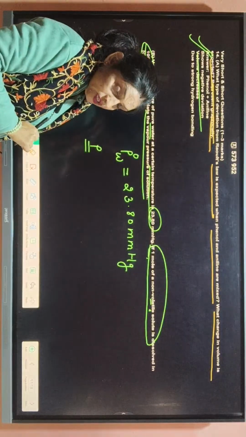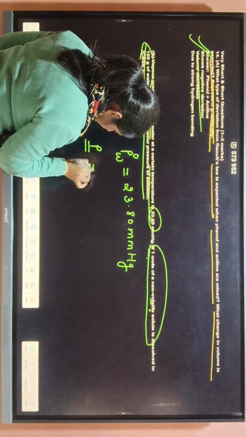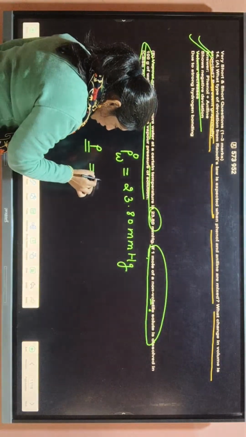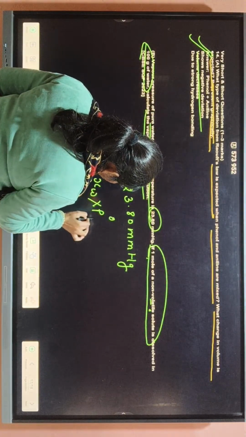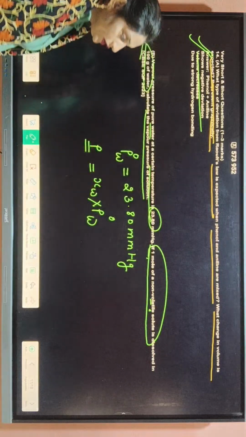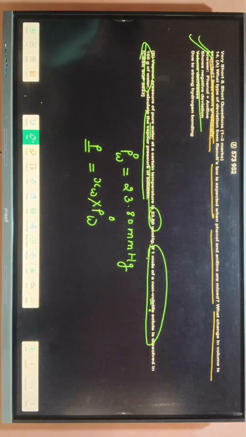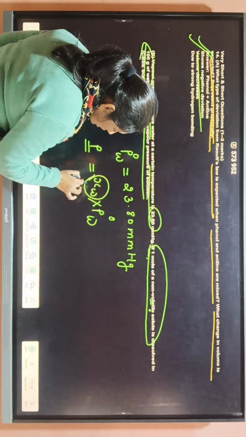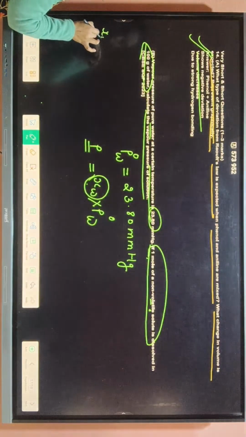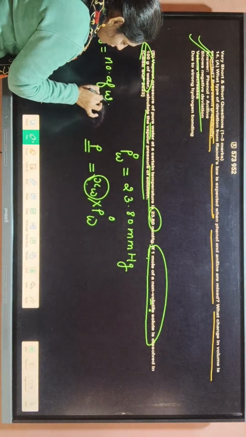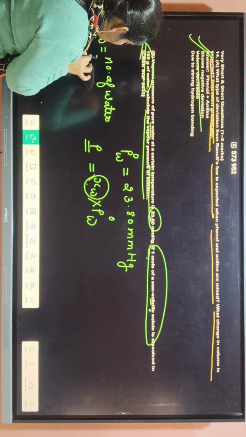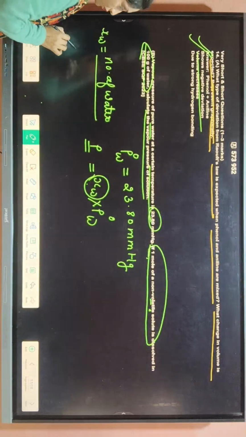So it should be the mole fraction of water into the vapor pressure of water. Students, you have to know about mole fraction. How will you calculate the mole fraction of water? Number of moles of water divided by total number of moles.